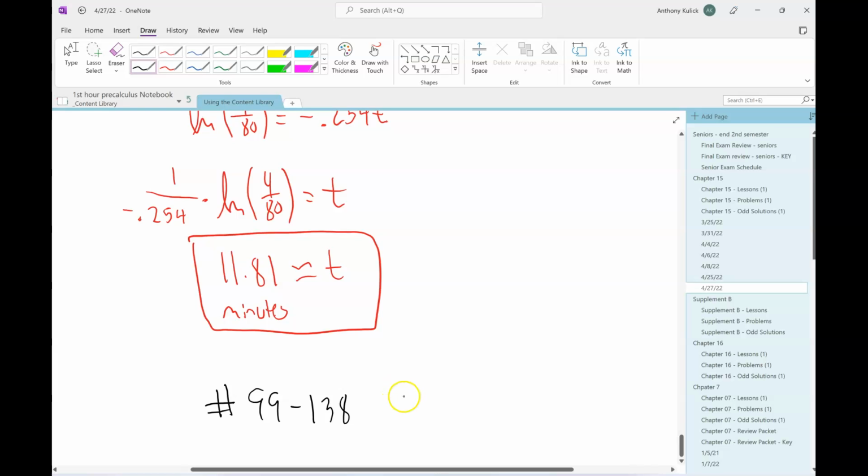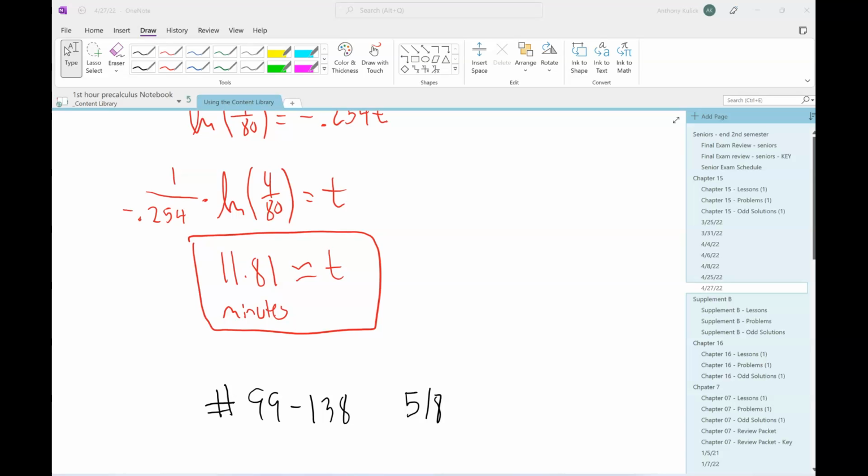This one is going to go on the 5/8 problem set, though. So for this weekend's problem set, we're going to stop at 98 because that feels like enough problems for this one. Okie dokie.